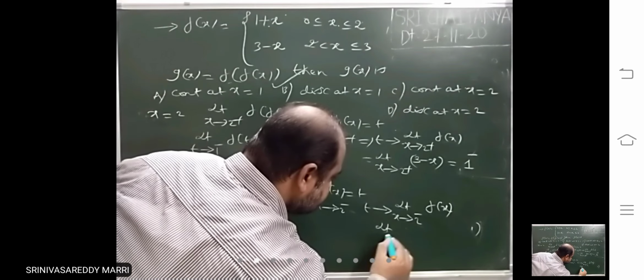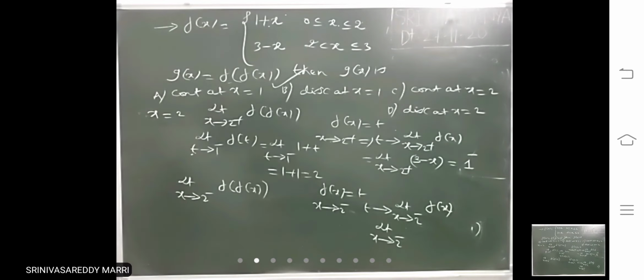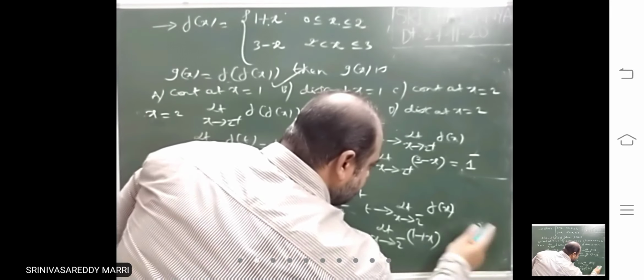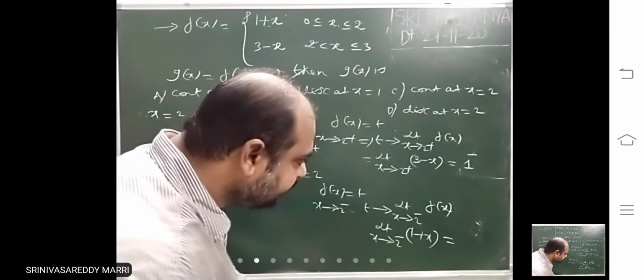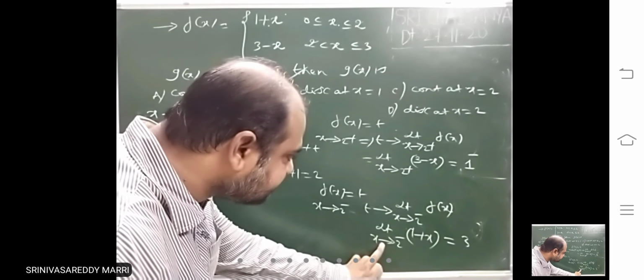That means x less than 2, the definition is what? Again 1 plus x. Now if you look at this limit, it is what? 3.